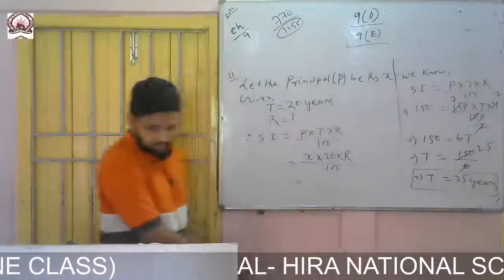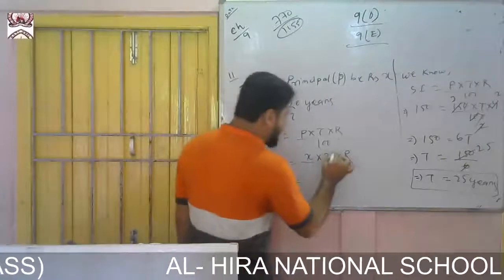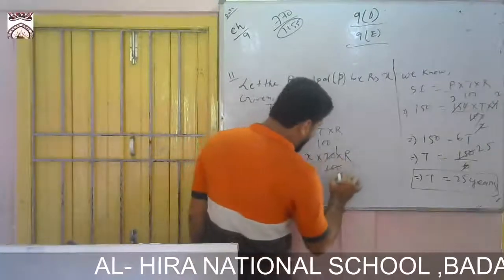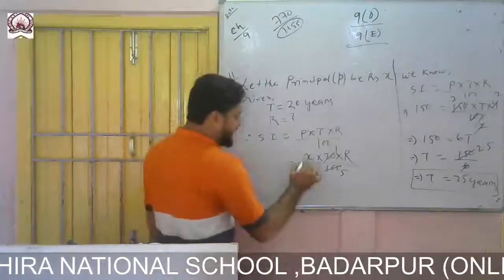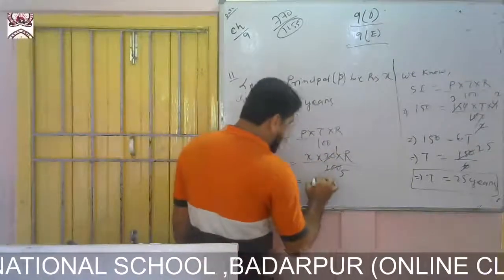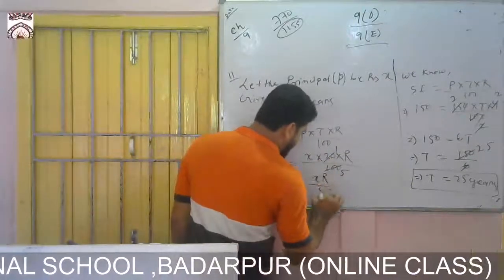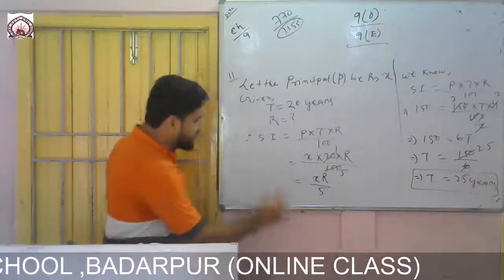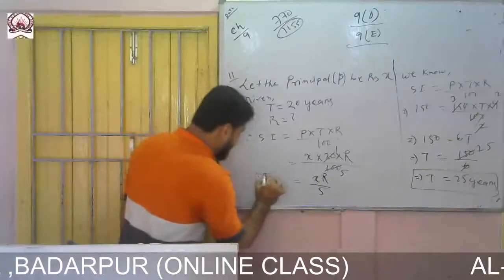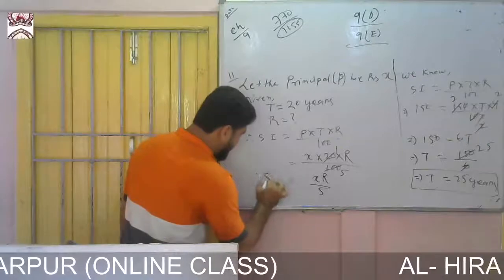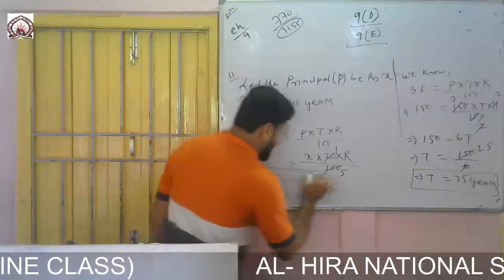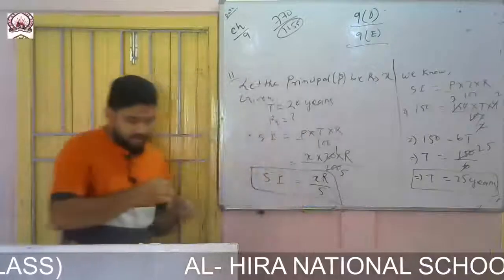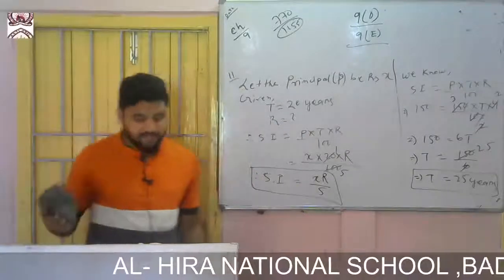One thing you do, you cancel like this: 20 by 20, 5 ones are 5. So here remain XR by 5. Therefore SI equals XR by 5.